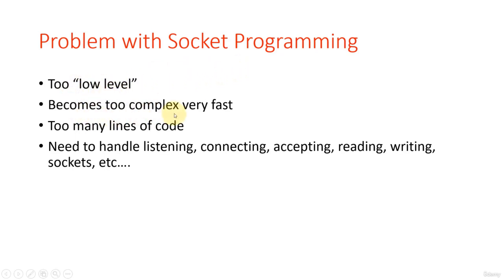It becomes too complex very fast because we have to manage every single thing, and that will cause too many lines of code. We need to handle the listening, the connecting, the accepting, the reading, the writing, the sockets, the loops, and ensuring that the data is completely received and completely sent without anything missing, and so on and so forth.